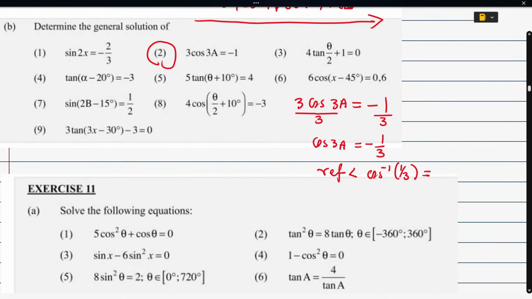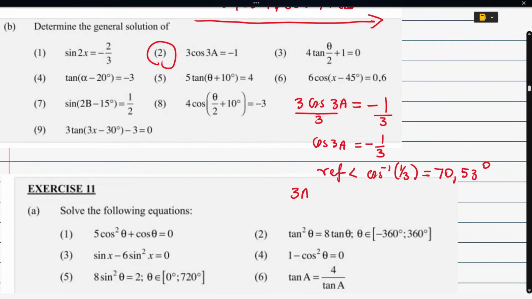With the reference angle, you don't press the negative, you press it as positive. That negative is there to tell you in which quadrant cos is negative. So which quadrant is cos negative?